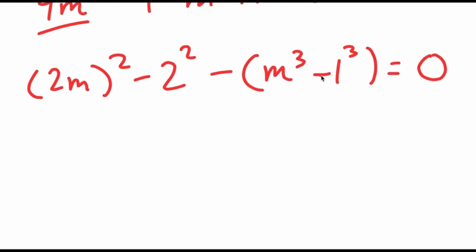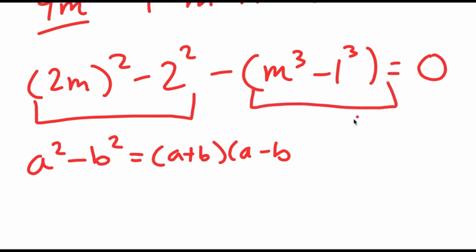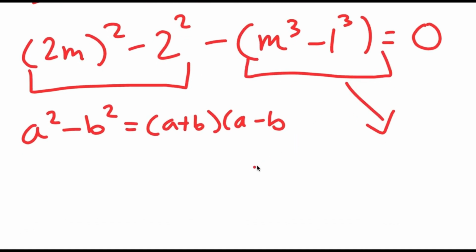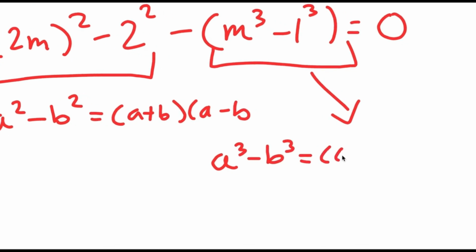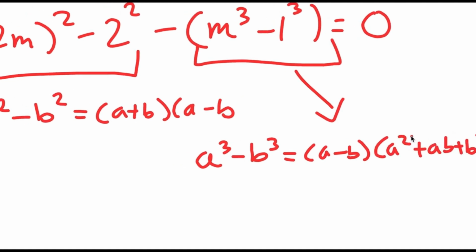Now, I'm going to be using two properties. For 2m whole squared minus 2 squared, I'm going to use the property a squared minus b squared is equal to a plus b times a minus b. And for m to the power of 3 minus 1 to the power of 3, I'm going to be using the property a to the power of 3 minus b to the power of 3 is equal to a minus b times a squared plus ab plus b squared.